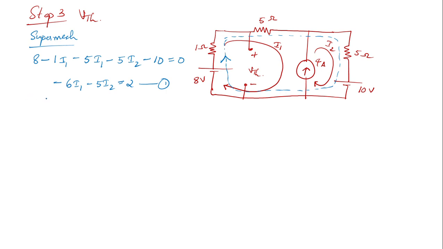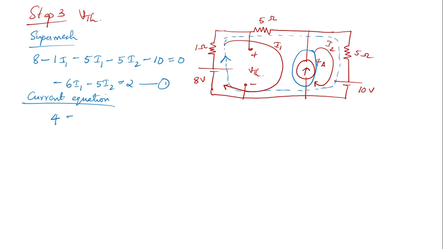Next, along with the super mesh equation, you need to write the current equation. Instead of two mesh equations, mesh 1 and mesh 2, here you have the super mesh equation and the current equation. And how can you write the current equation? In order to write it, we are going to use this branch. We have a 4 ampere source over here.